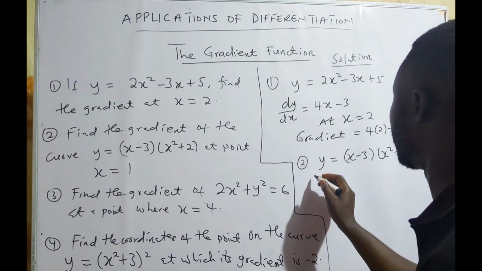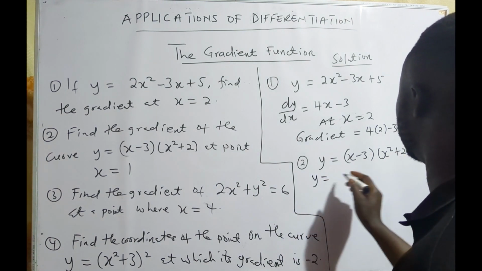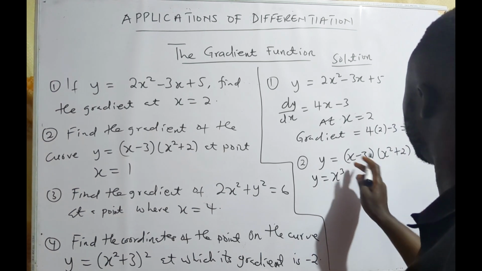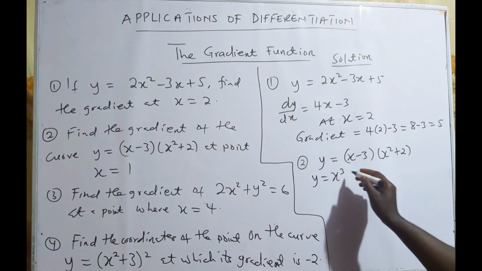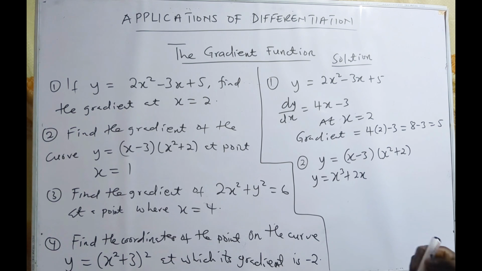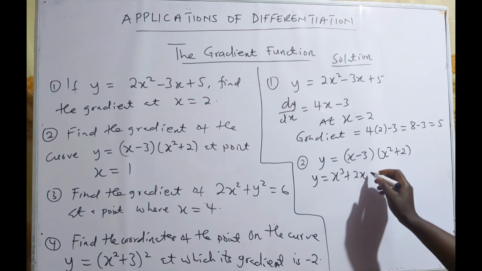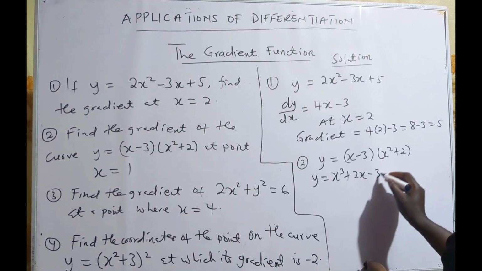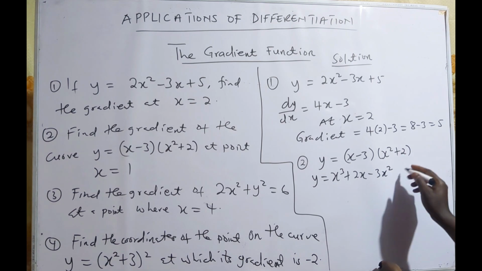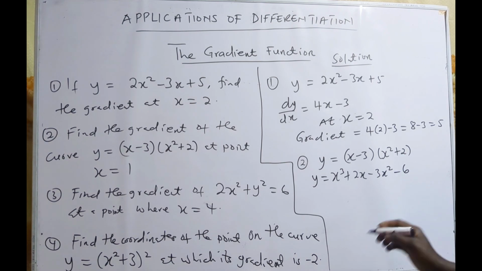Okay, so let's expand. y is x times x squared, which gives me x cubed, x times 2 gives me plus 2x, minus 3 times x squared gives minus 3x squared, and then minus 3 times 2 is minus 6.